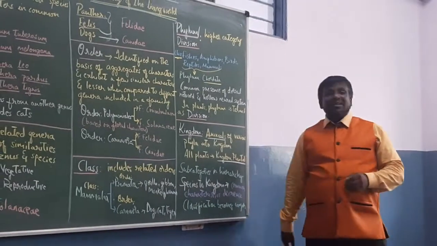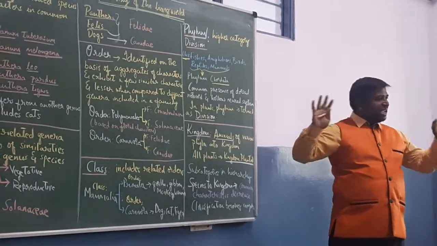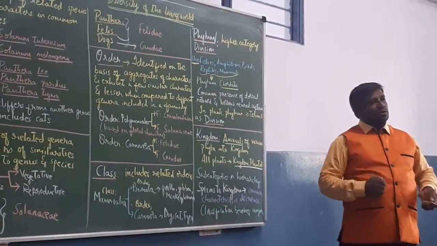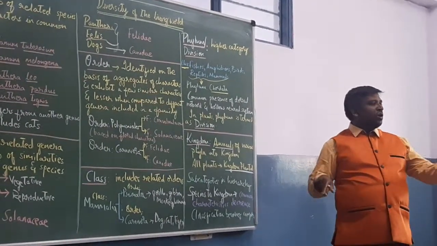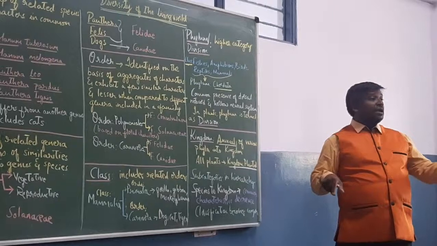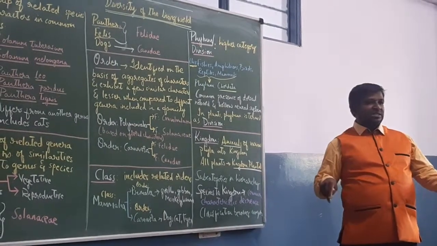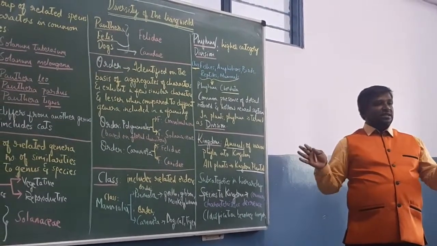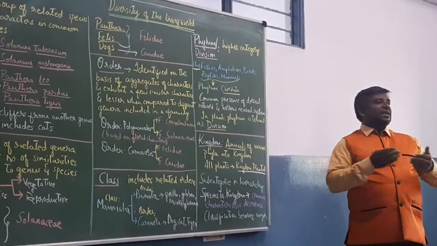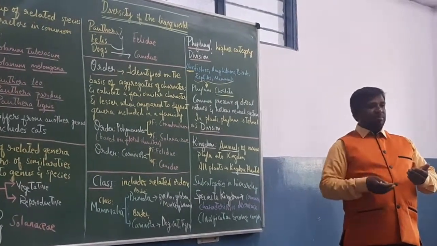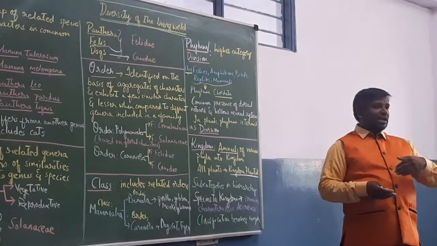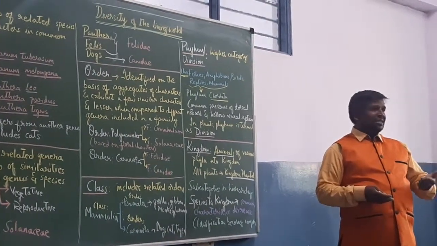Now kingdom: animals of various phyla are all placed into a kingdom. So phylum Chordata, phylum non-chordates, phylum Porifera, the sponges, all of these are placed under the common kingdom. Phylum Chordata has a higher position, and then non-chordata.